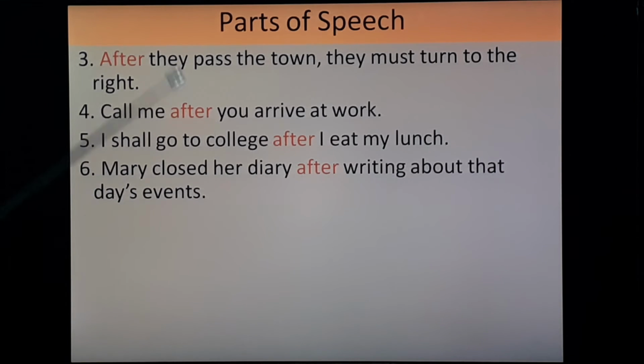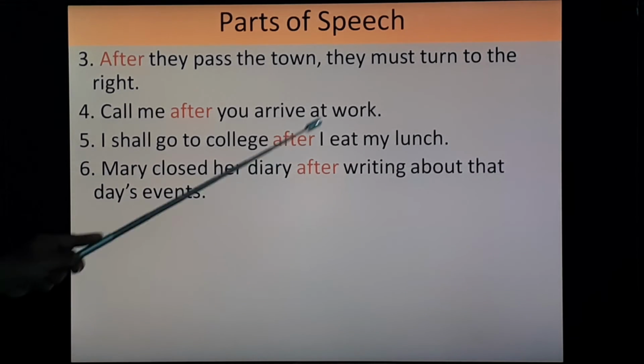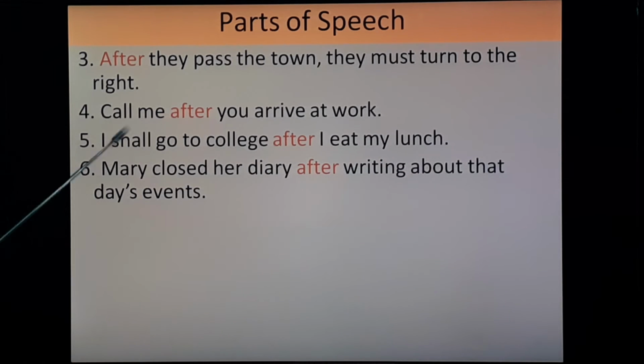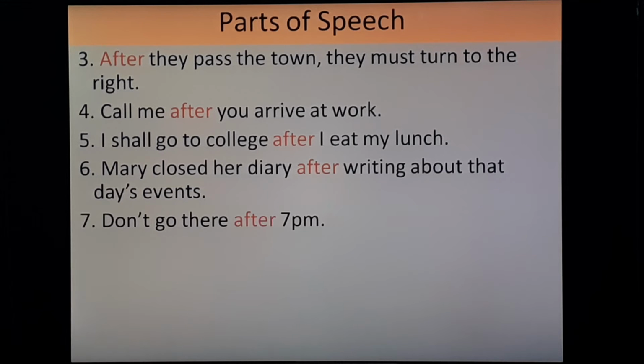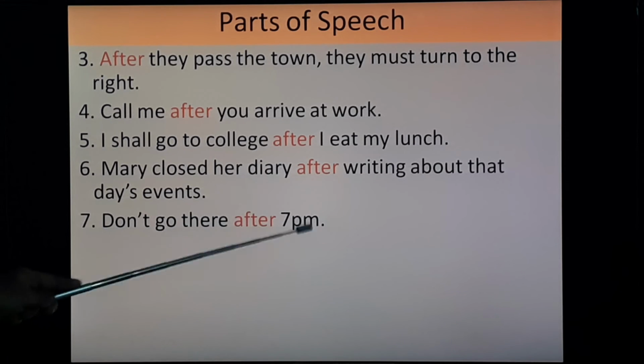Mary closed her diary after writing about that day's events. Don't go there after 7 p.m. means after 7 p.m. don't go there, but before that you can go. So here, don't go there after 7 p.m. After, that is next.